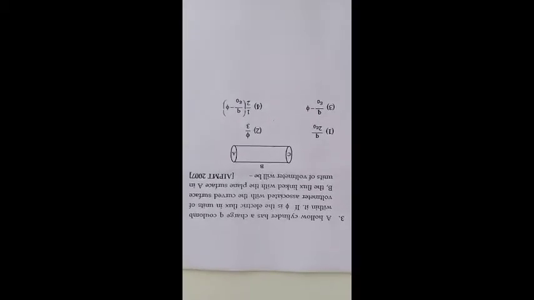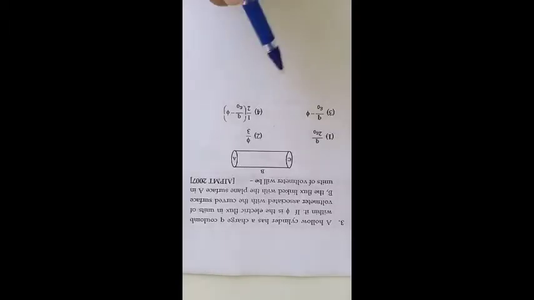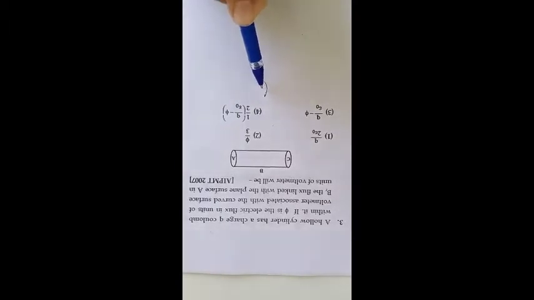What they are asking is, a cylinder is there. What is the flux coming from the plane surface? That is the question. That cylinder is having three surfaces.